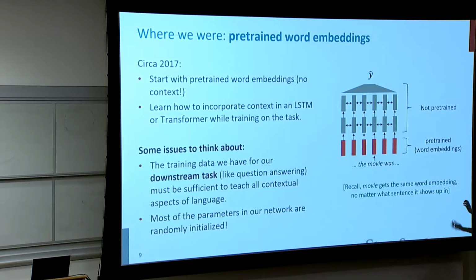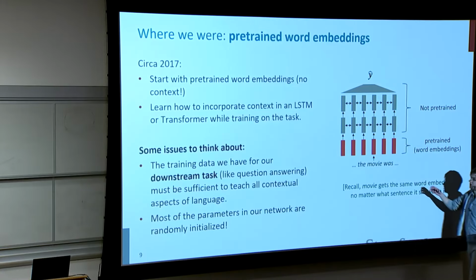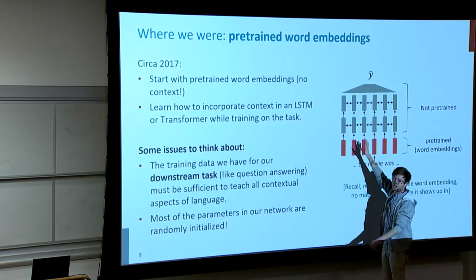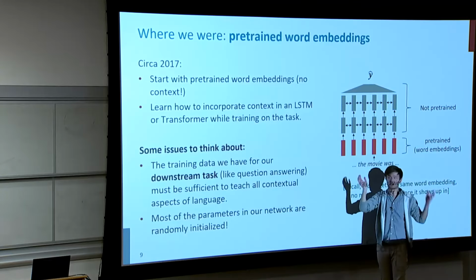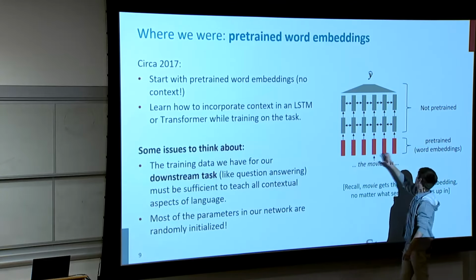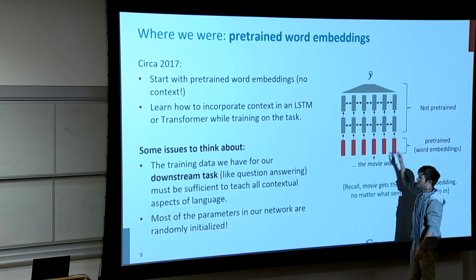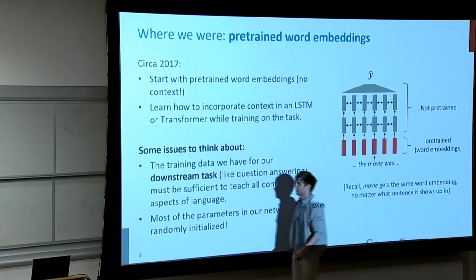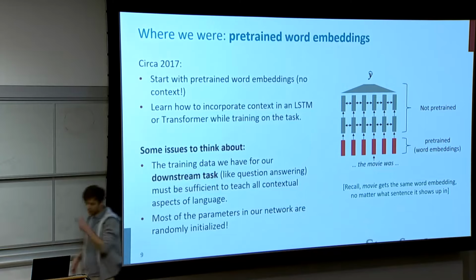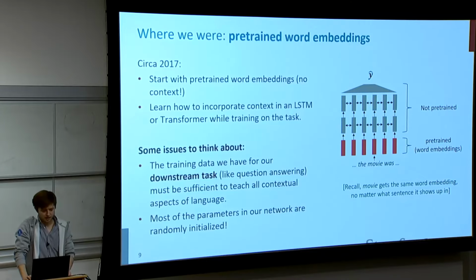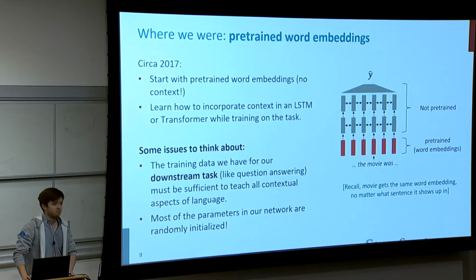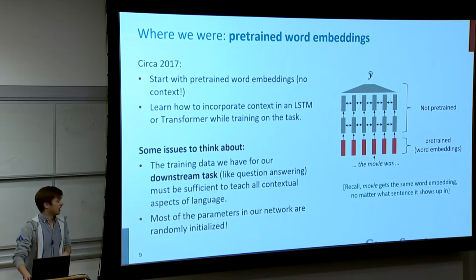And the big difference in today's work is that we're going to try to pre-train all the parameters. So I have my big transformer, and instead of just pre-training my word embeddings with word2vec, I'm going to train all of the parameters of the network, trying to teach it much more about language that I could use in my downstream tasks.